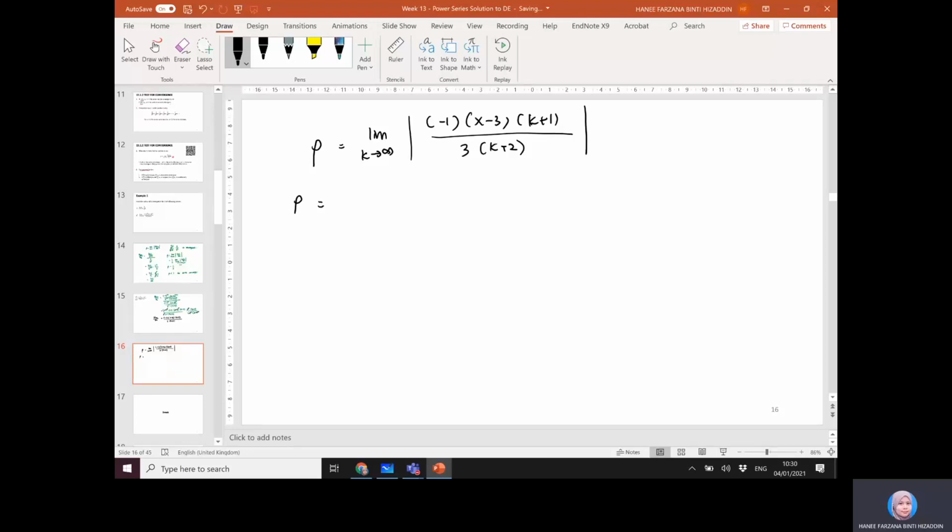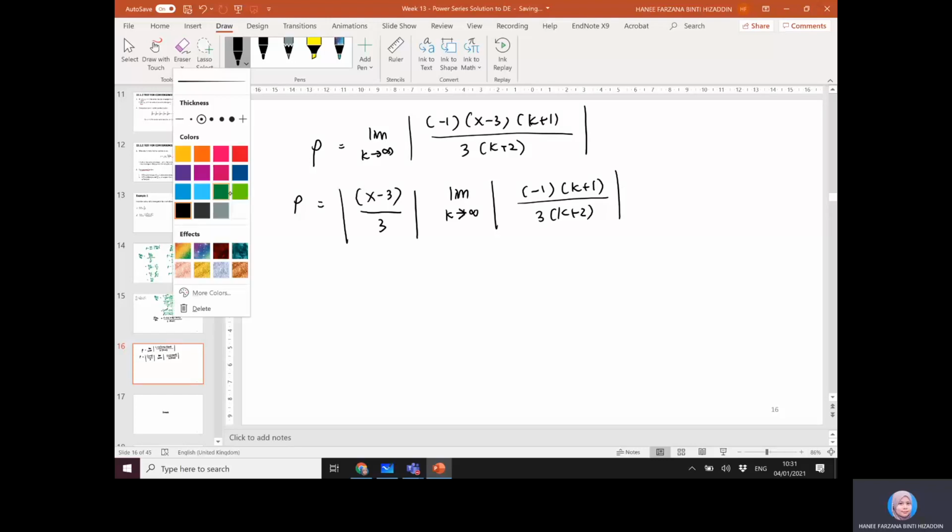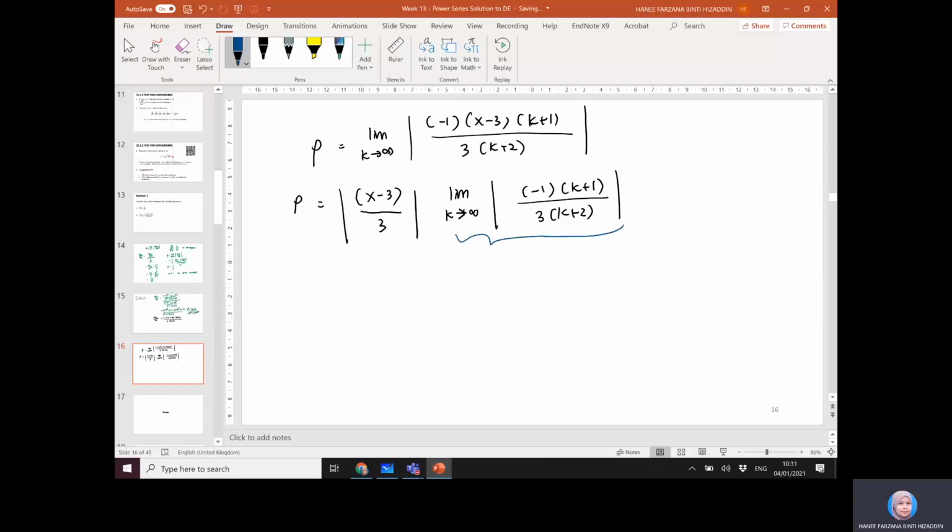So we take out the modulus of x minus 3 and the modulus of 3, and then we take the limit only as k approaches infinity of -1 times (k+1) over 3 times (k+2). Here you need to find out what happens inside when k approaches infinity.